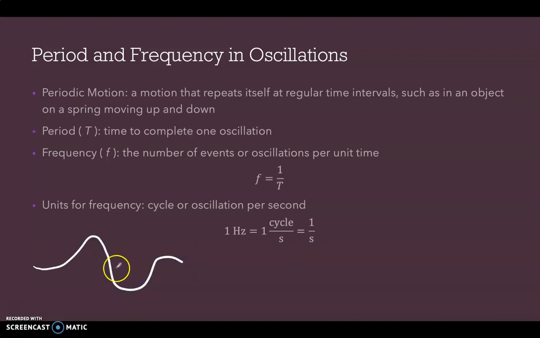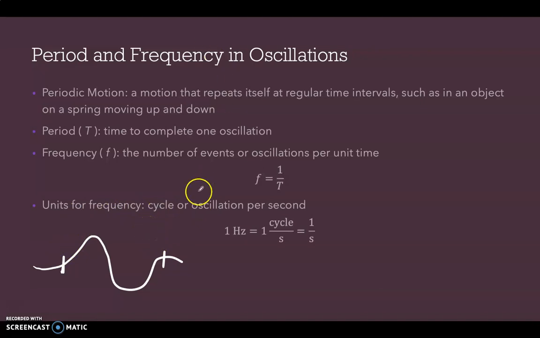If this is one motion, the period would be the time it takes for that entire oscillation to complete. And the frequency is the number of oscillations per unit time. So if this is one oscillation, that's going to be one per, say, second.